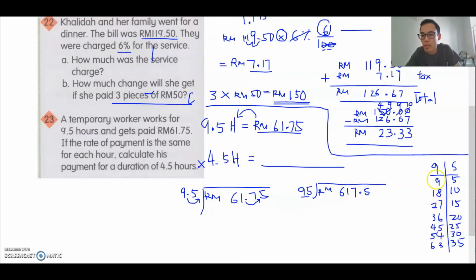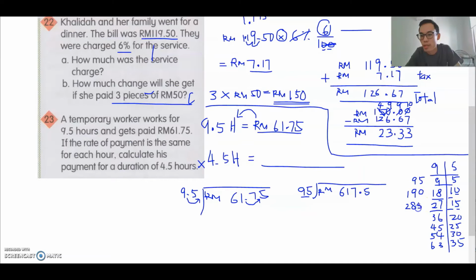Okay, then you have to put them together. Okay, 9 and 5 is 95. This is the first one. Okay, the second one is 18 plus 1. 18 plus 1 is 19. And then there's a 0 behind. We put a 0 behind. 27 plus 1 is 28.